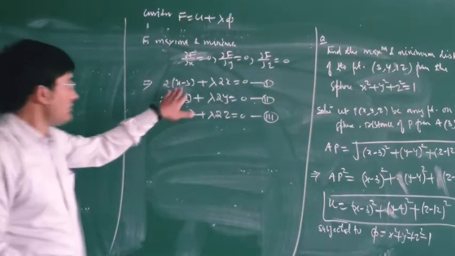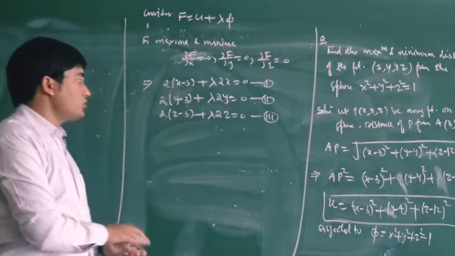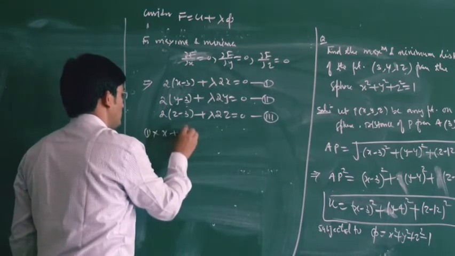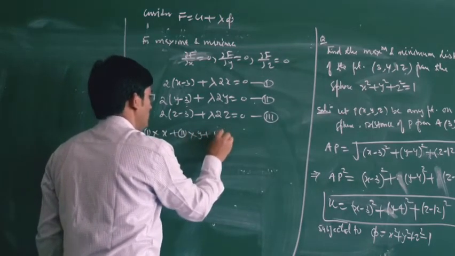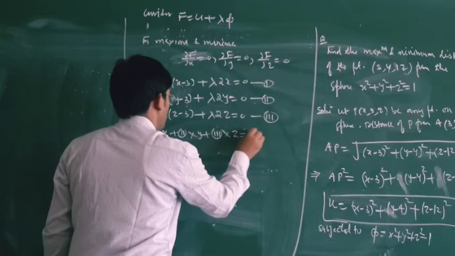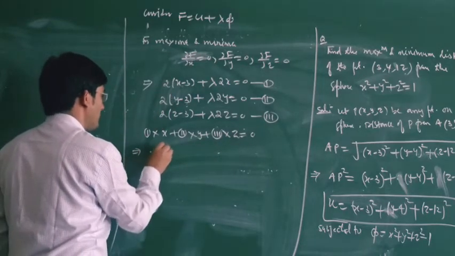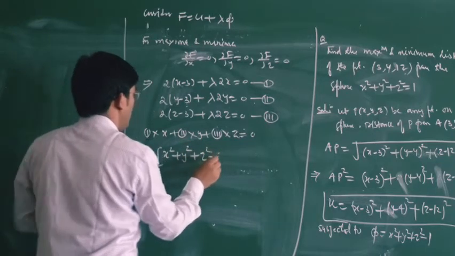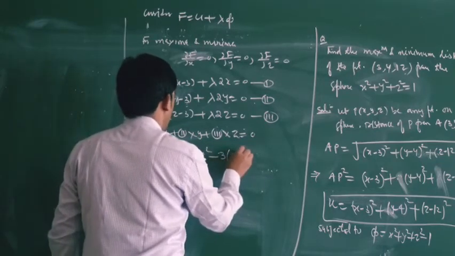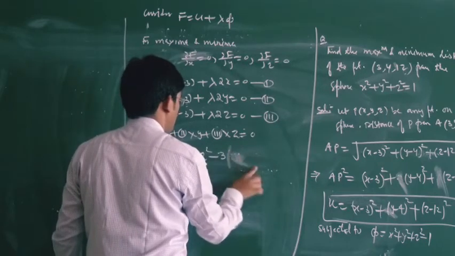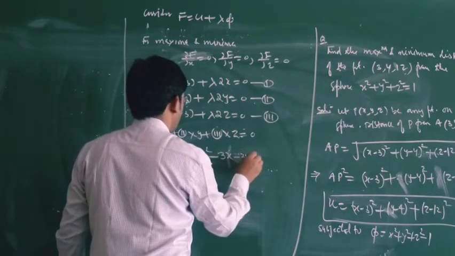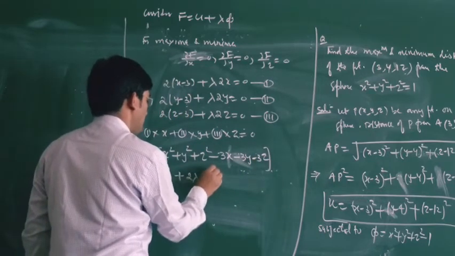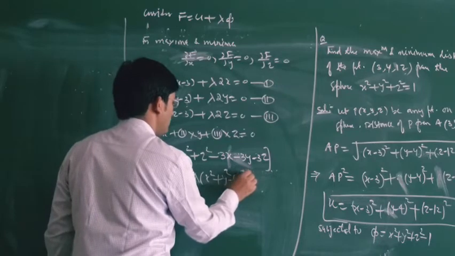Okay, now let us multiply equation number 1 by x, 2 by y and 3 by z. So 1 into x plus 2 into y and 3 into z implies 2 times x square plus y square plus z square, then we will have minus 3x minus 3y minus 3z, and then 2 lambda x square plus y square plus z square equal to 0.